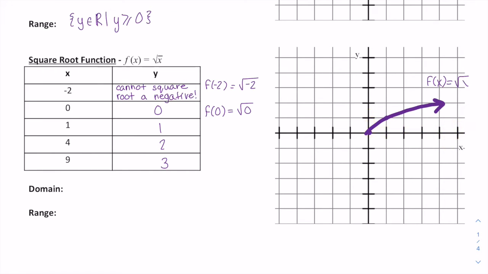So x is an element of real numbers such that x is greater than or equal to 0. Similarly for my y's, they're here and they just continue up. We don't have any below the x-axis, so we can write that y is an element of real numbers such that y is also greater than or equal to 0.